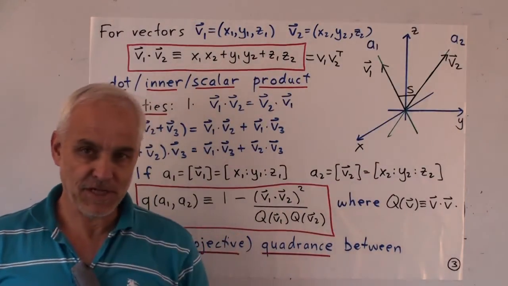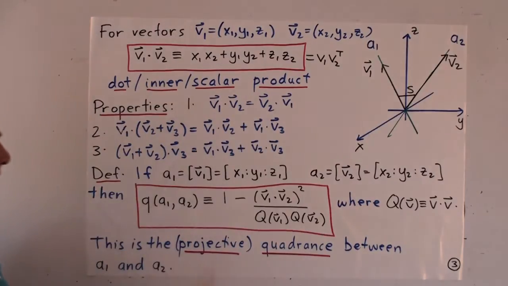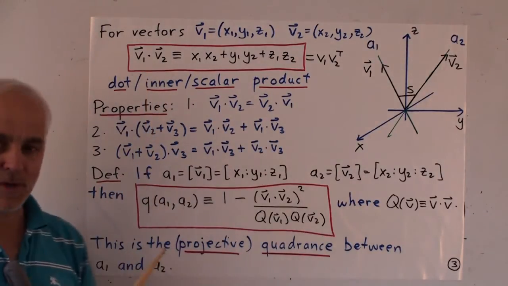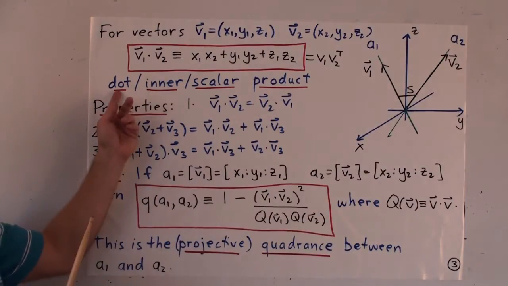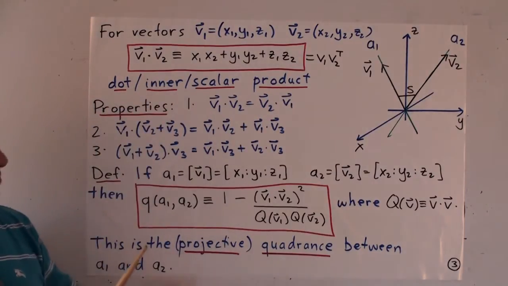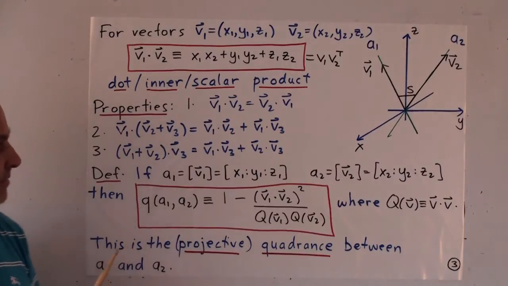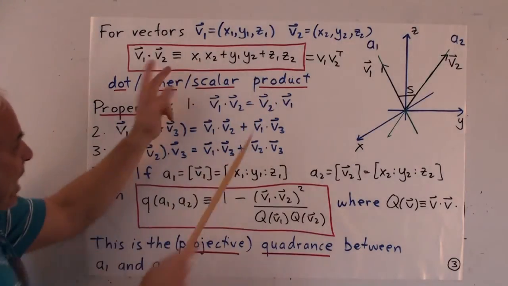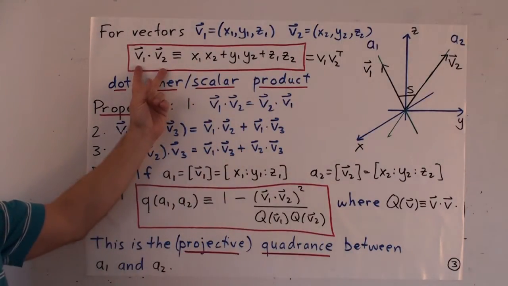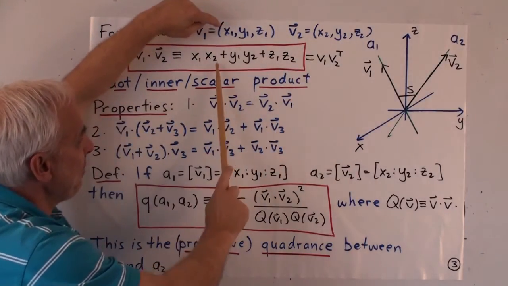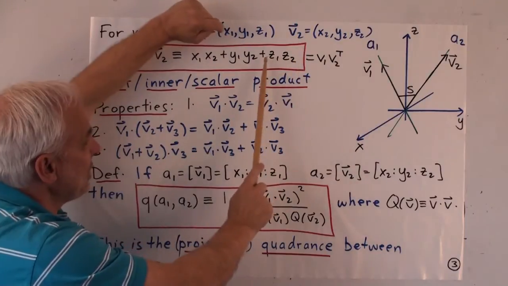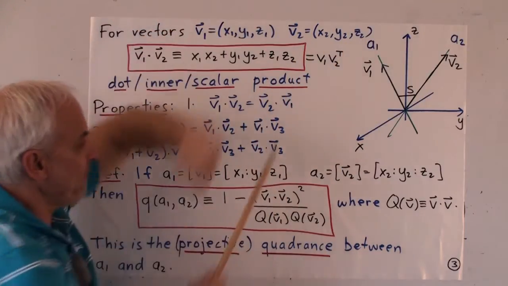And the main thing that we're using, which will not be a surprise to you, is the dot product between the two vectors. Sometimes called the dot product, other times called the inner product, or sometimes the scalar product. It's a number created from the two vectors. And it's the product of the x coefficients plus the product of the y coefficients plus the product of the z coefficients.